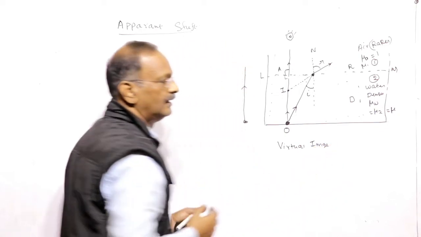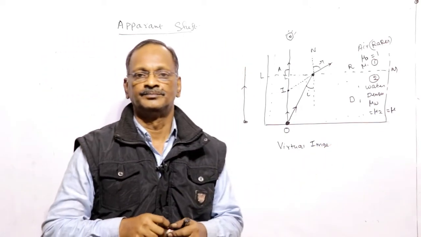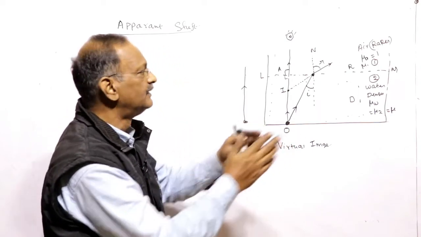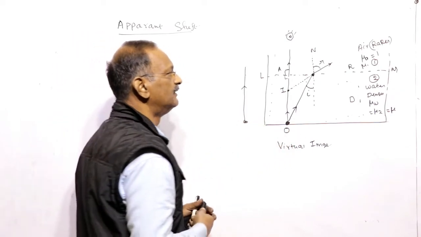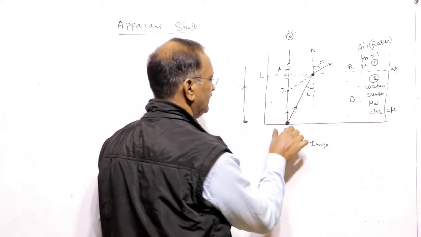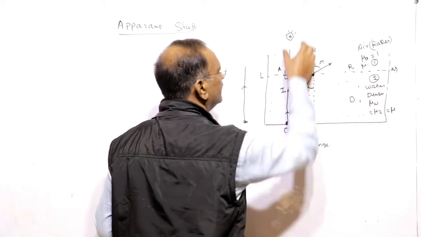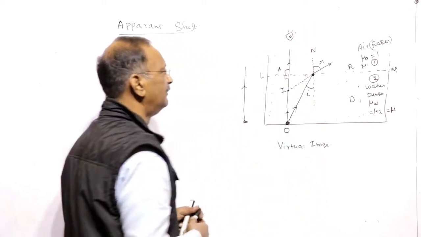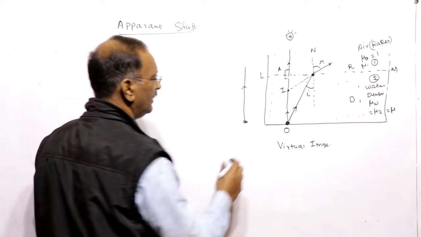Because, as I said in the previous video, when the light rays appear to diverge from a point, that forms a virtual image. So the object will be seen here when it is seen by the eyes from the air medium. So virtual image.